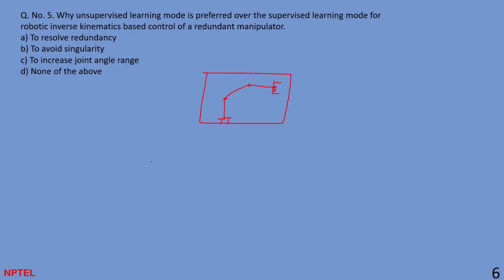This is basically the joint space. There are three joint spaces, whereas this is the end effector space, or basically the Cartesian space.